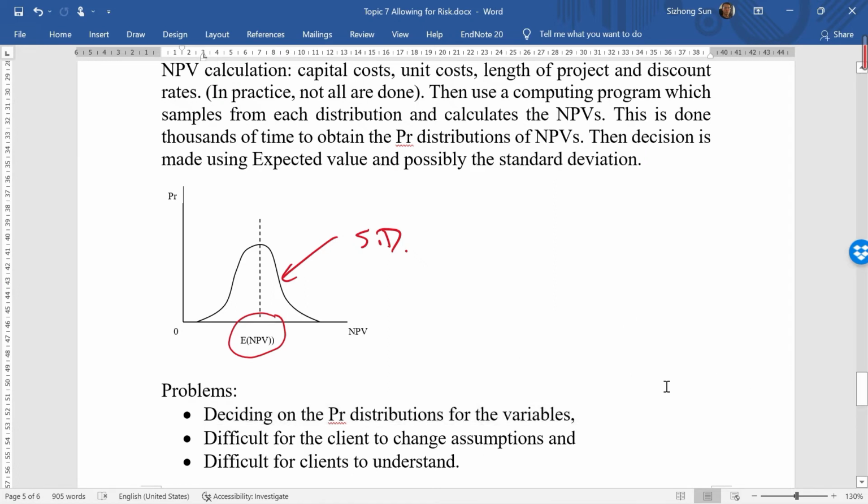It is also difficult for the client to change the assumptions because they are built into the computations. There's no degree of freedom for the client to change it. And it's difficult for clients to understand as well. So it's not that intuitive.